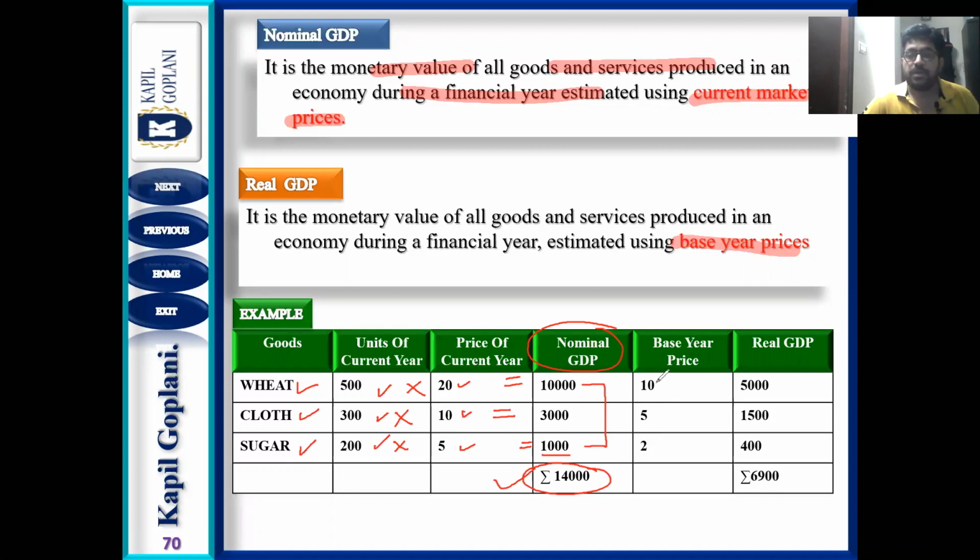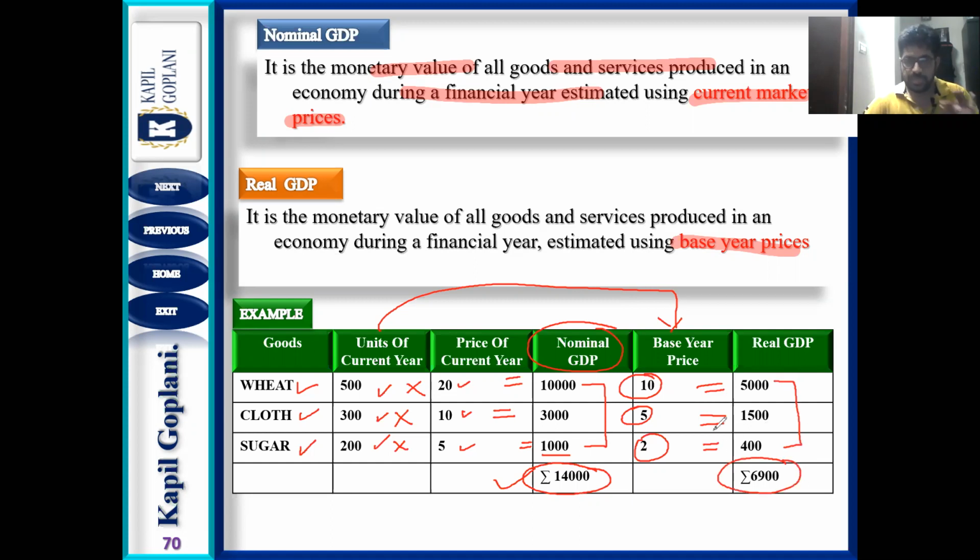Okay, then coming to the base year prices, 10, 5, and 2. Now multiplying these base year prices with the units again, I will get my real GDP. 10 into 500, I got 5,000. Then 300 into 5, I got 1,500. And at last 200 into 2, I got 400. Ultimately, if we total these, it will be 6,900.